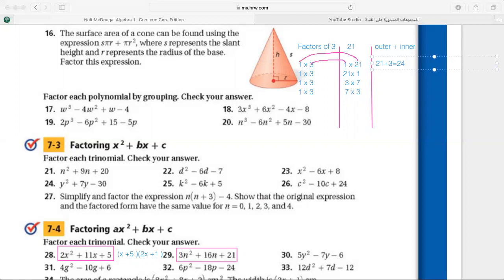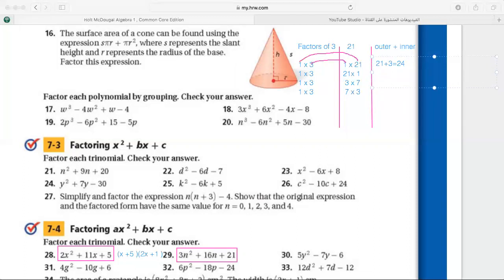So adding any number to 21 will not give me 16. Again, in the next one, the outer is 1 and the inner, I will multiply 21 by 3, which will give me a greater number than 16. So to save my time, don't check the second one because of course it will be wrong. Go for the third one.